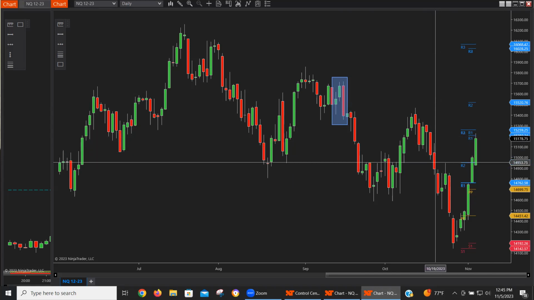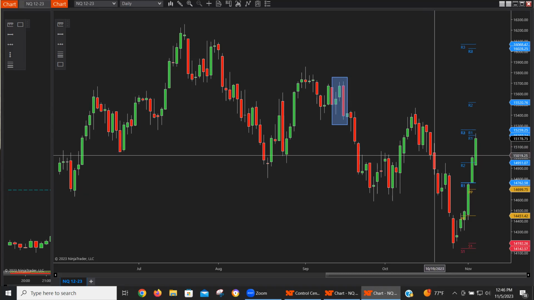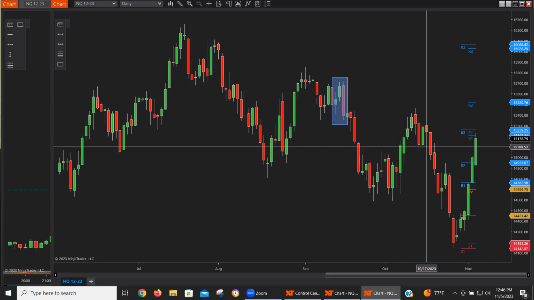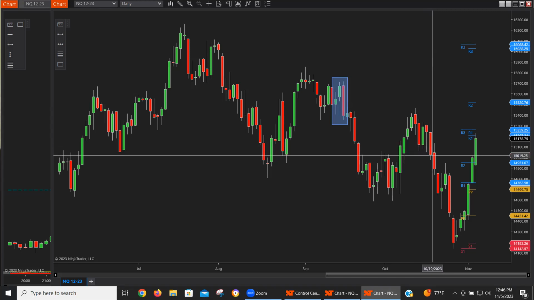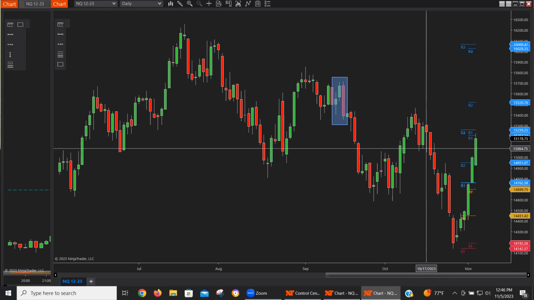Why is that? Taking those three. Efficient, okay. The reason it's efficient is there are no gaps between these three candles. You have the low of this candle, you have the candle in the middle, and this candle is touching that first candle.